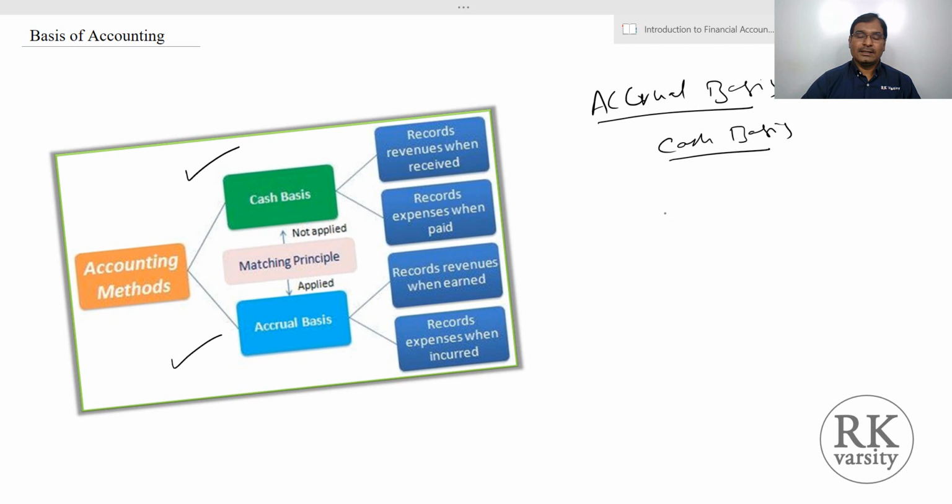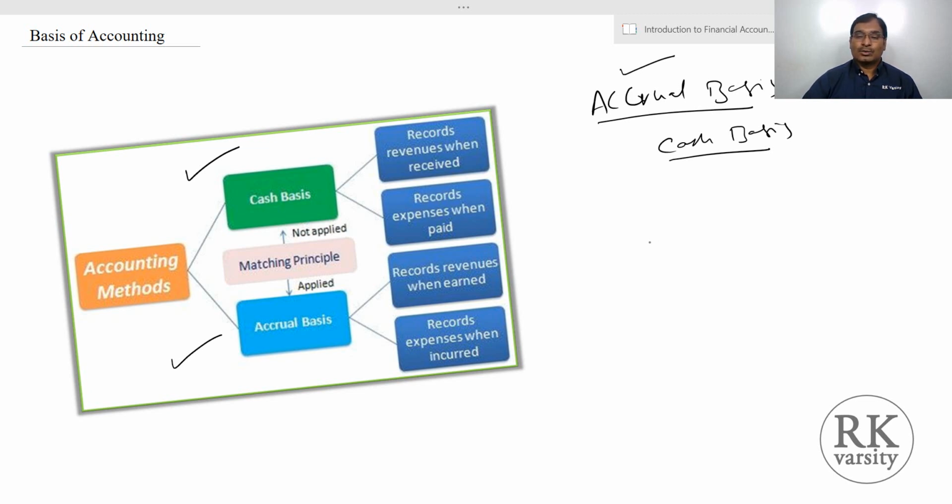But generally, when we are talking about accounting as a profession, we are talking about public limited companies or large organizations. And another aspect is that as we are following generally accepted accounting principles, that is US GAAP, IFRS or Ind AS, in all those scenarios, the criteria for preparing accounts is the accrual basis.